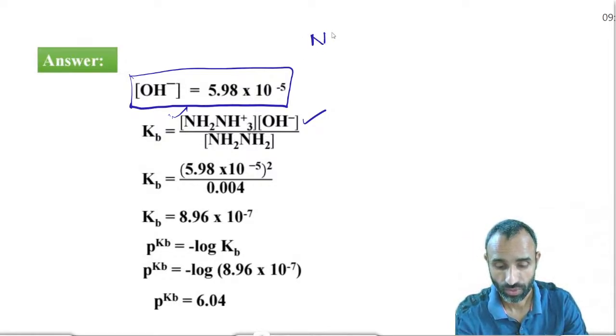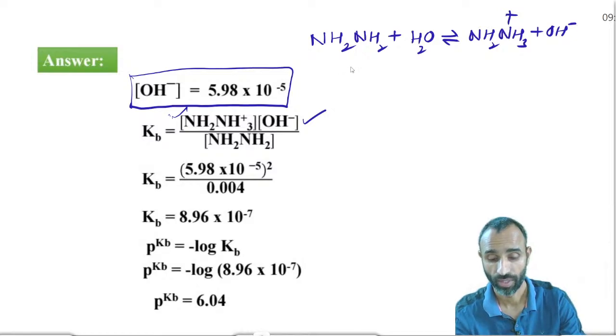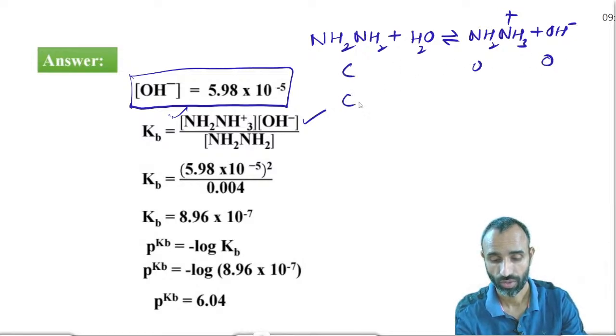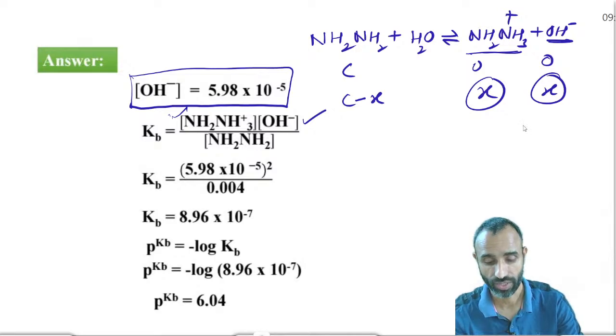because this was the relation: NH2NH2 plus H2O to give NH2NH3 plus and OH negative, with C, 0, 0. So if it is C minus x, it is x, x. That's why the concentration of OH negative and hydrazinium ion is the same.